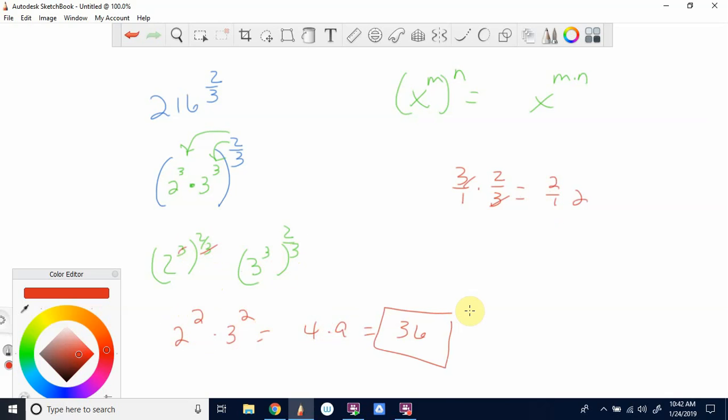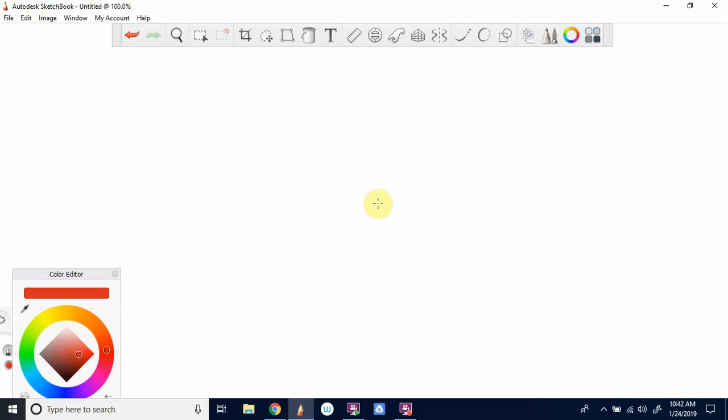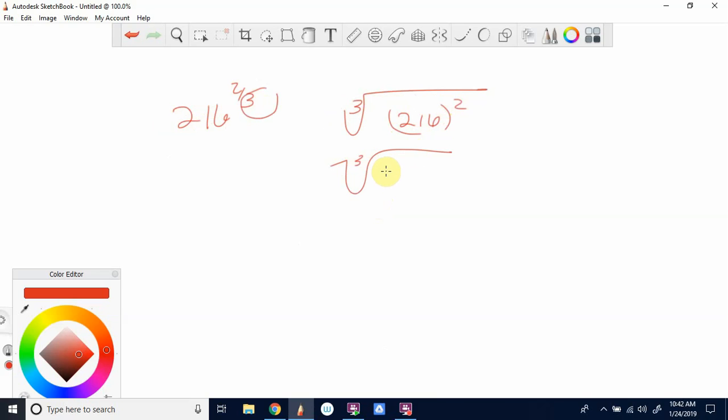Okay. So that's one way of doing it. Another way of doing it is, so 216 to the 2/3, well, I'm going to have a radical. My index is 3. My base is 216 squared, which can be written as 216 times 216. And I already said this is 2 cubed times 3 cubed times 2 cubed times 3 cubed.